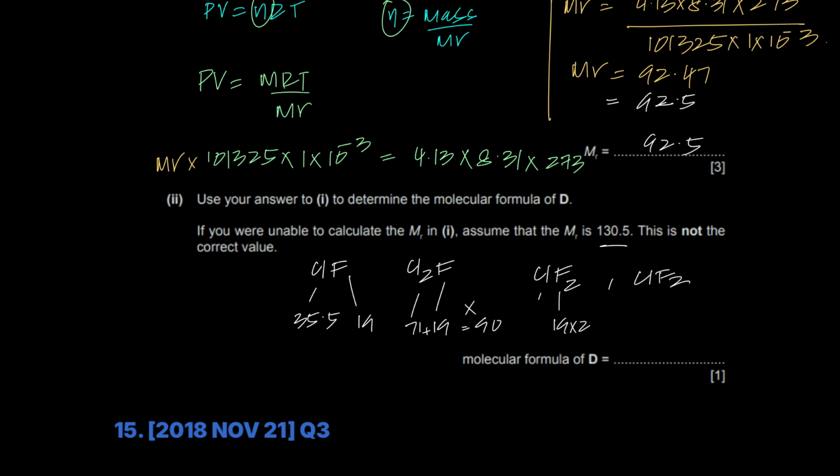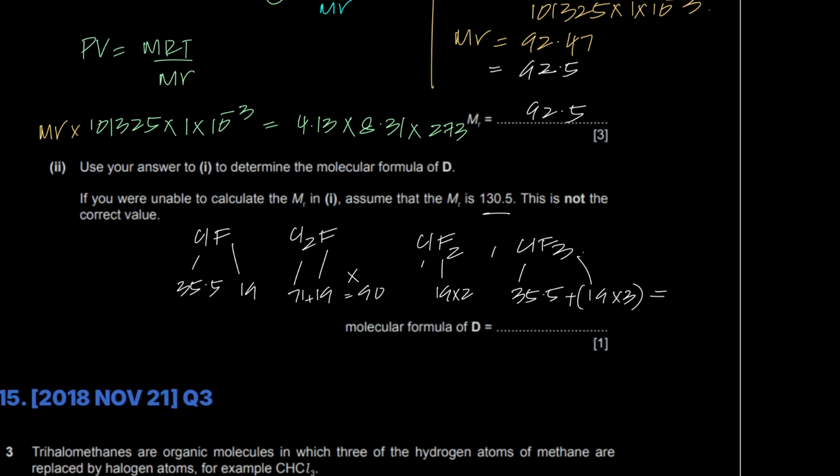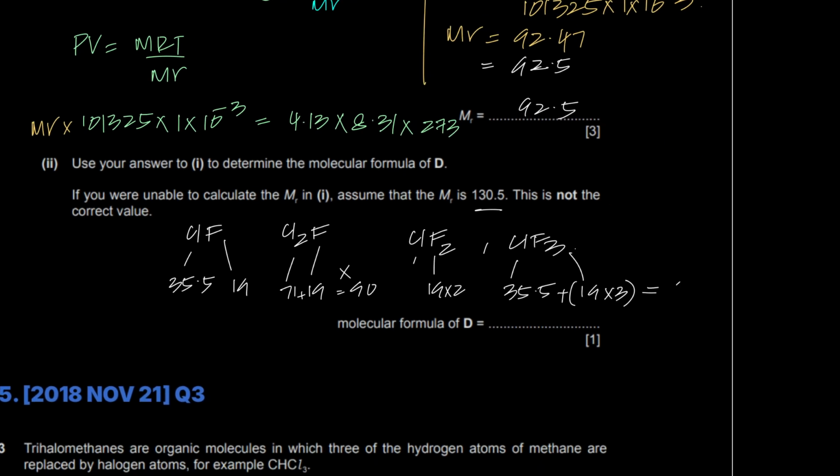ClF3, if I do that, that would make sense. See, 35.5 plus 19 times 3. I think this is equal to, absolutely, 92.5 exactly. So the formula is ClF3.